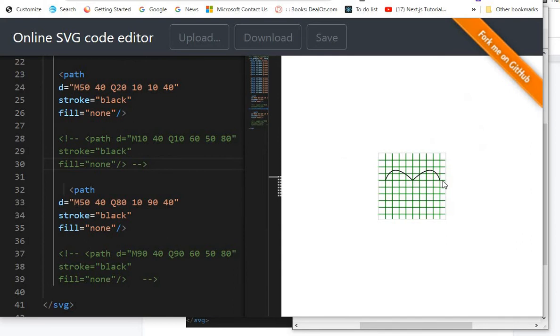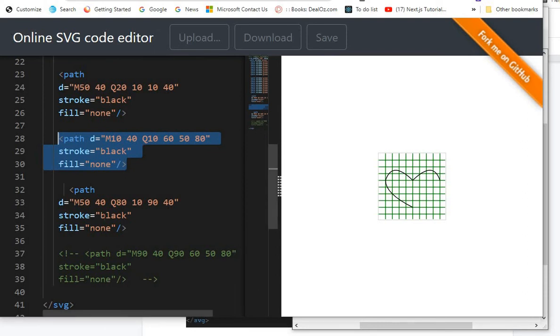So that's how you need to think when you work with the SVG path element to draw curves. Now let's see the other one here.